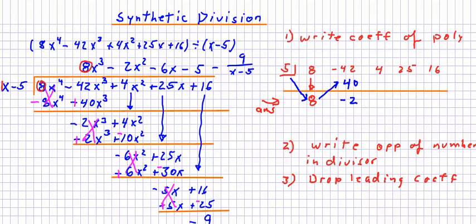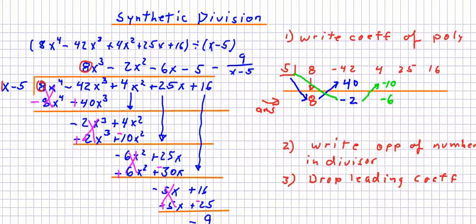I then multiply my 5 and my negative 2, and I put it up here, and I have a negative 10. I add those together, and I get a negative 6.